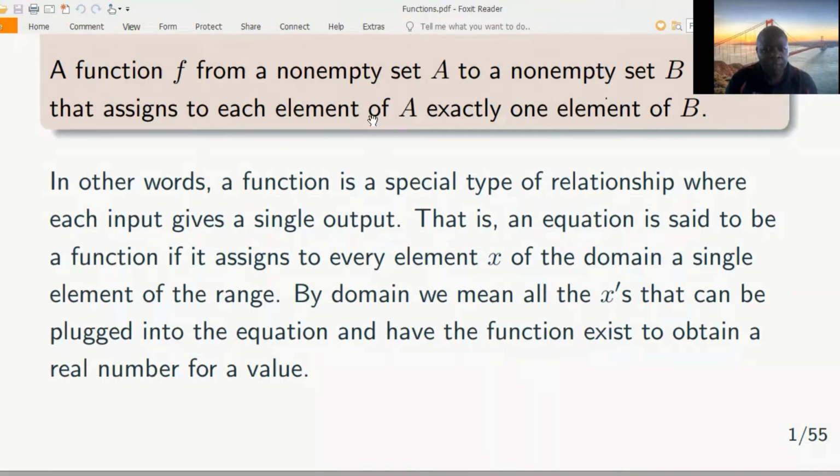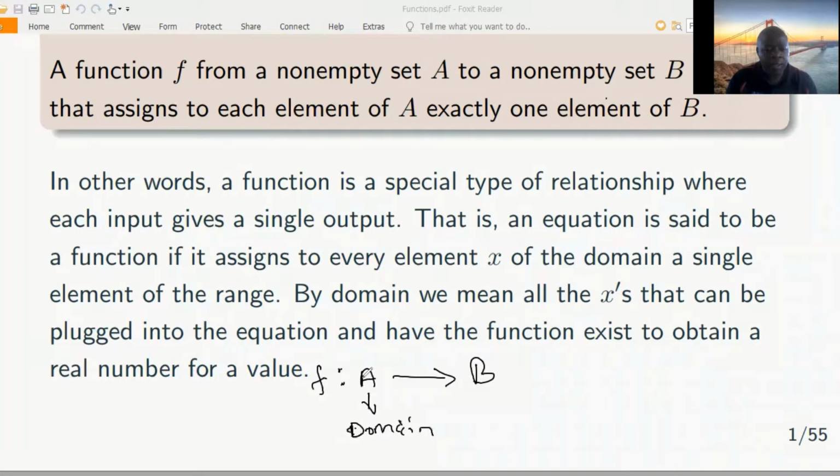Now, the set from which we are assigning, the set that has the objects, for instance A, where we are assigning elements of A to elements of B, shall be called the domain of the function.